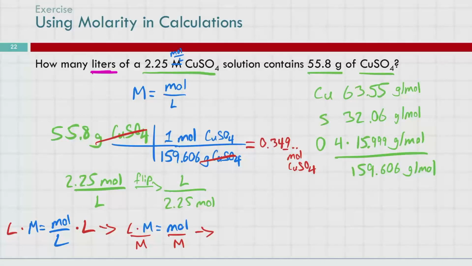And this turns into liters equals moles over molarity. That's the way the algebra works. This would be the same as taking our molarity, flipping it, so it's 1 over M, and multiplying it by our moles. It's the same outcome, just a different route to get there.